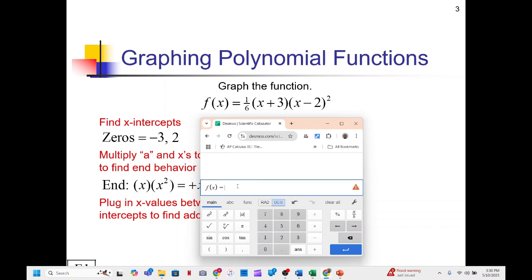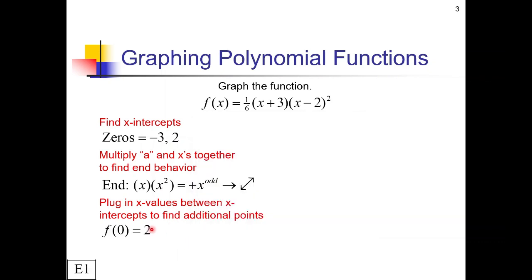So f of x equals 1 divided by 6, and then we've got x plus 3, x minus 2, and we'll square that. And I just want to plug in f of 0. So that'll give me 2 for an answer. There you go. So let's see if we have enough information to graph this now.